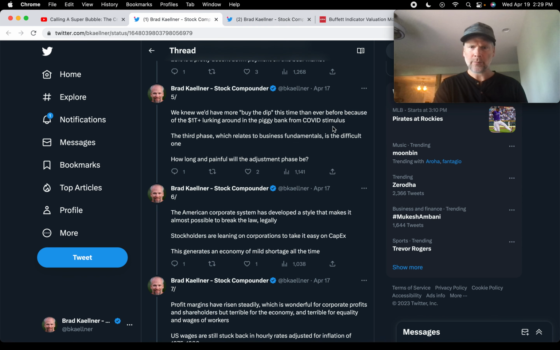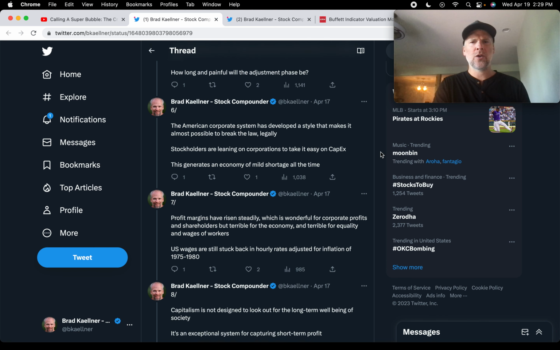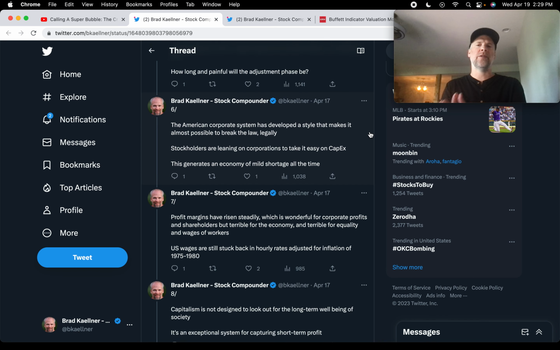So the next thing, the American corporate system has developed a style that makes it almost possible to break the law legally. Stockholders are leaning on corporations to take it easy on CapEx, capital expenditures, opening new plants. This generates an economy of mild shortage all the time.